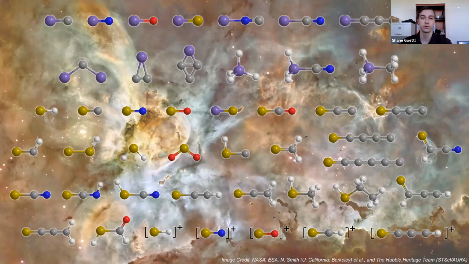My reason for studying these silicon-sulfur molecules lies with astrochemistry. Multiple silicon and sulfur-containing molecules have been detected in the interstellar and circumstellar environments, but the fundamental reaction mechanisms by which they are formed are still largely unknown.